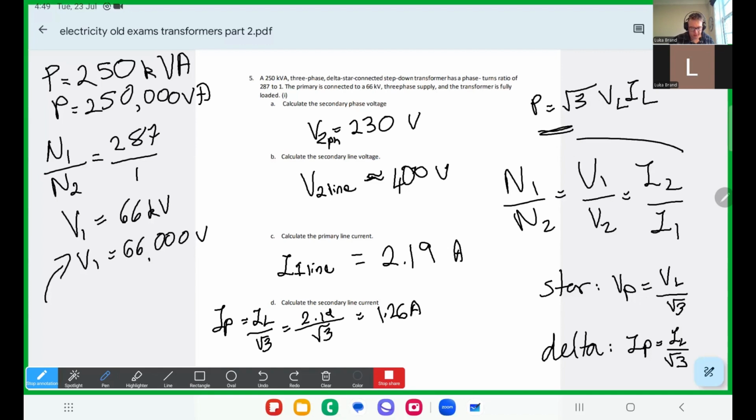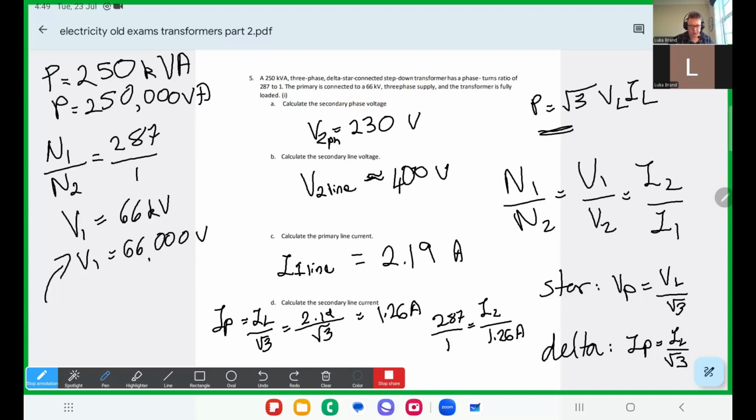Now I'm going to use this formula here, and I can actually choose whether I use the number of turns or the voltage part. I'm going to use number of turns. So 287 over 1 equals I2 over 1.26 amps.